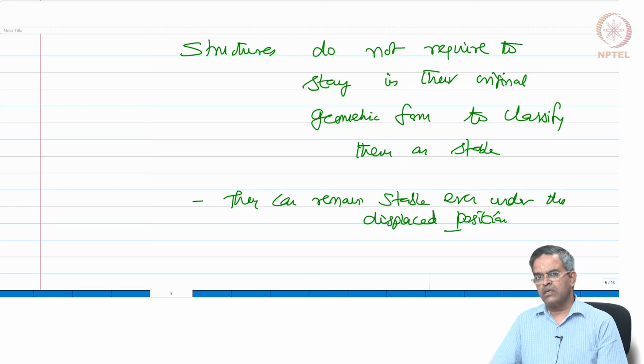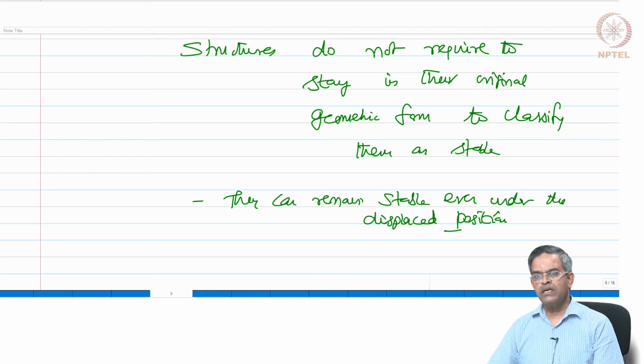Okay. So, please do not get confused that stability refers to a static equilibrium position. No, it can be a deformed position of geometry. I am saying of geometry, it can be a deformed position. As long as under the deformed position the structure is able to perform its intended function successfully, we can call that geometric form or that structure a stable system.